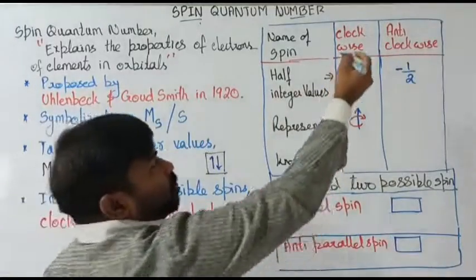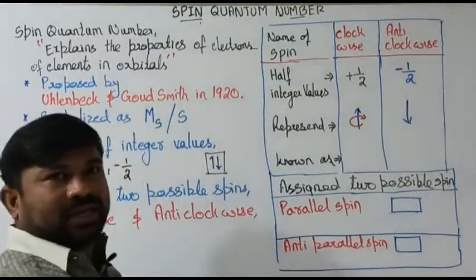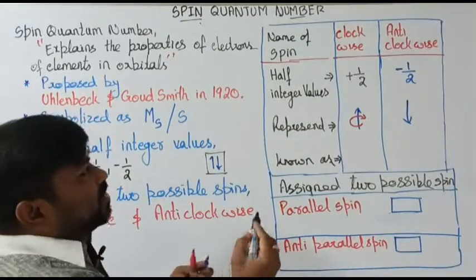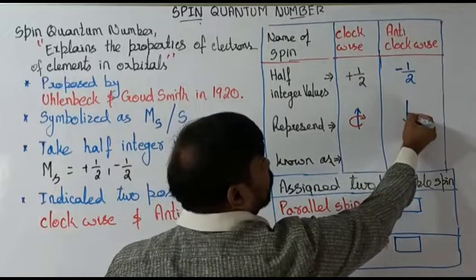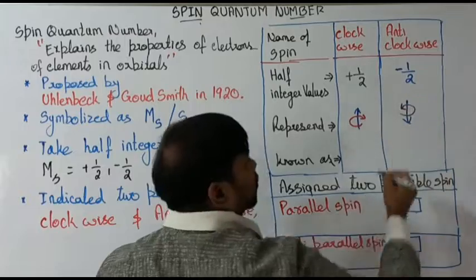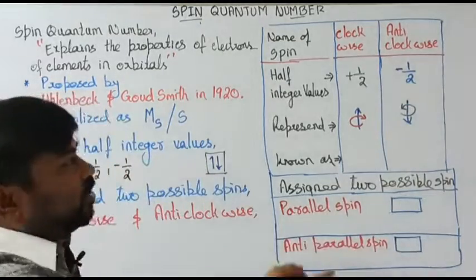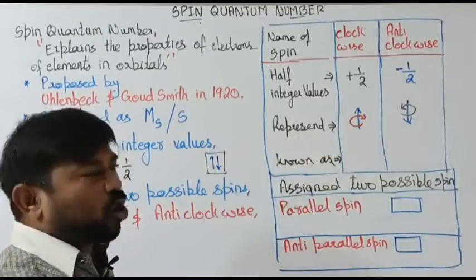In the same way, for anti-clockwise, the arrow mark is denoted like this, and the direction goes the other way. So this is the clockwise direction, and that is the anti-clockwise direction.